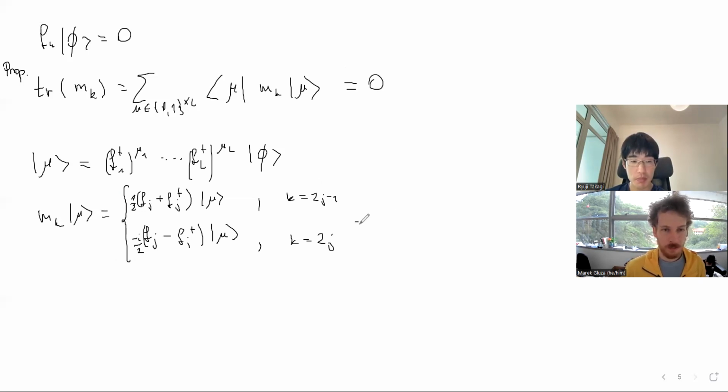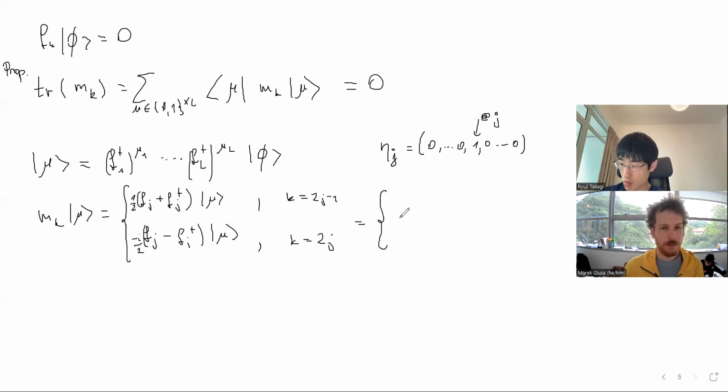which means that this is splitting into 2 states, where I could define again eta j to be 0, 0, 1, 0, 0, and 1 is at position j. Okay, so what's going on? Basically, I could write this as 1/2 mu, Boolean summation nj.